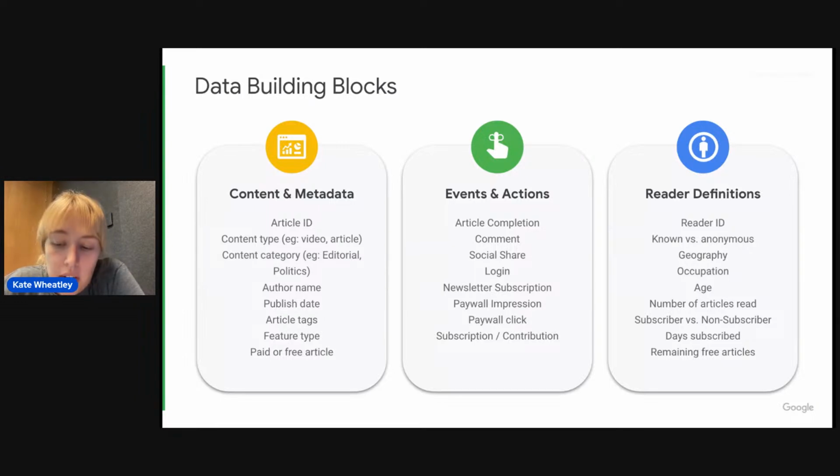With GA4, because we are moving more towards a consent-based data collection world, it is encouraged to have a login where readers are consenting to sharing that first-party data. And with a login comes a user ID. The good thing about user ID is it makes it a lot easier to identify a reader across different platforms, across different devices, by using that unique identifier that comes with a login instead of just relying on cookies.